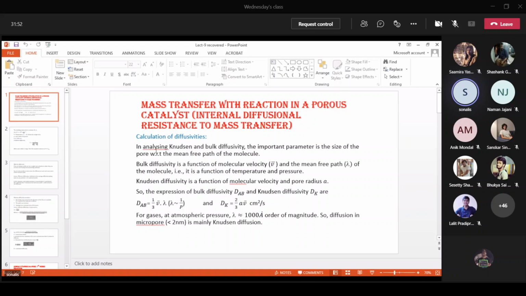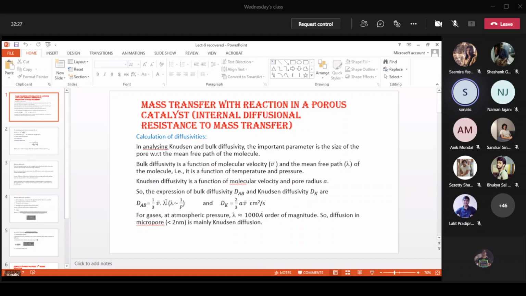In analyzing Knudsen and bulk diffusivity, the important parameter is the size of the pore with respect to the mean free path of the molecule. If the pore radius is higher than the mean free path of the molecule, then the diffusivity will go towards the bulk diffusivity. But if the mean free path is higher than the pore radius, that means the pore radius is smaller than the mean free path, the diffusion will become Knudsen diffusion.